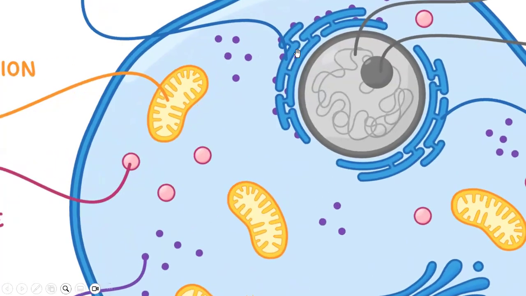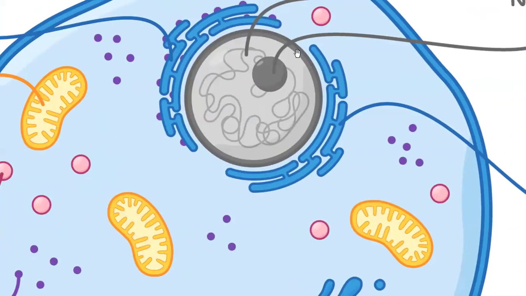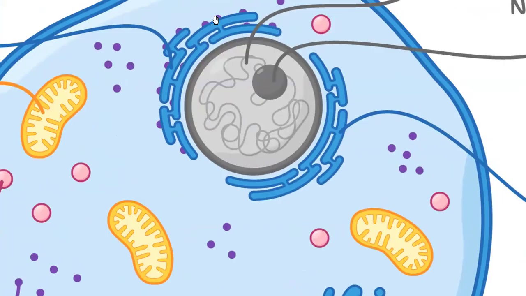Look at it. What do these have on it? Little purple dots. Yeah. We call them ribosomes. So it has these dots on it, we call ribosomes, and the smooth endoplasmic reticulum doesn't have them. So that's why this one is smooth and this one is rough, because it has the ribosomes. This one does not have the ribosomes.